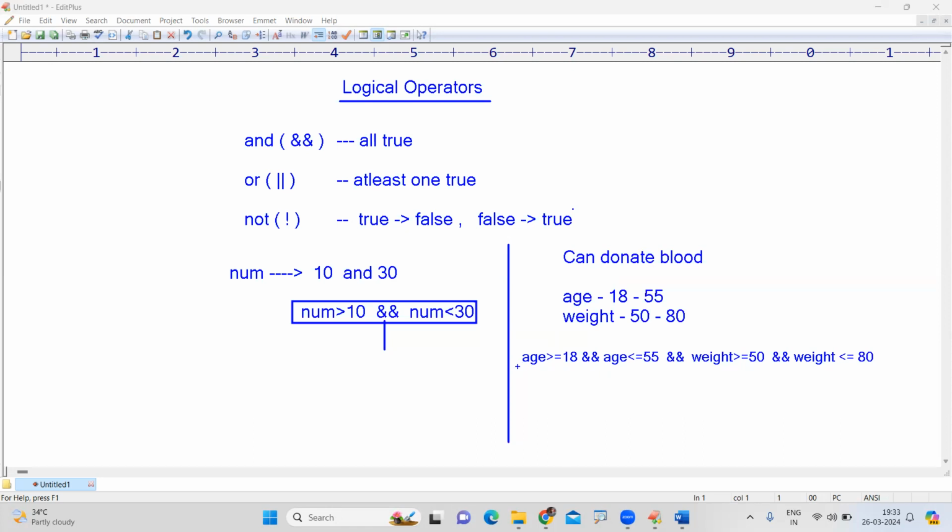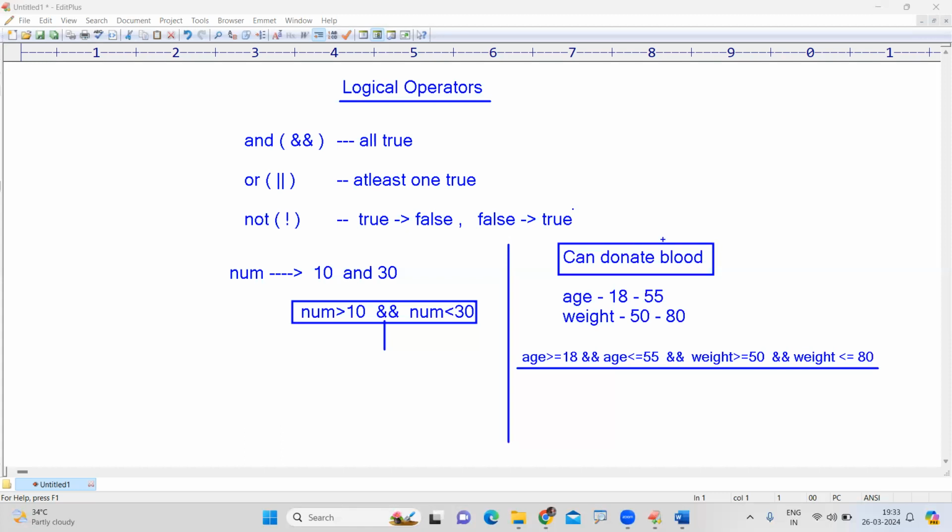If all four conditions are valid, then we can say that the person can donate blood. Else not. Hope you got it. When you want to check more than one condition, you must go with the logical operator.